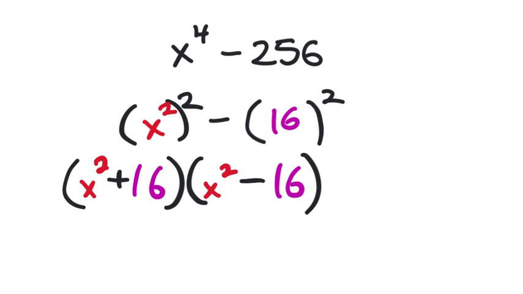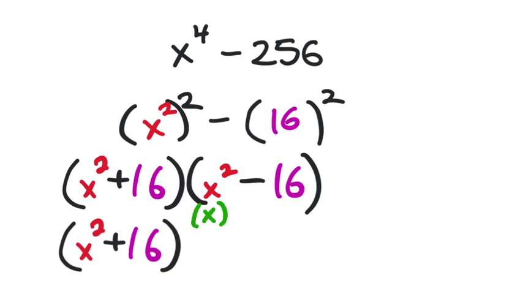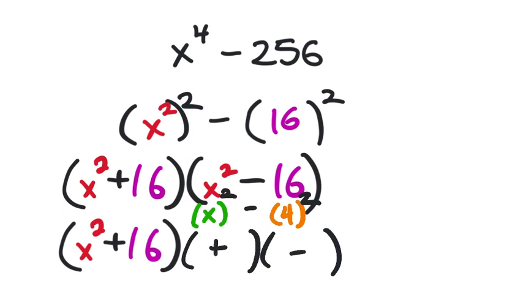But the second one, right, we could say, well, that's like x squared, and this one would be 4 squared, and it's got the subtraction between it, so I can actually split that one up a second time right here with your addition and subtraction, but now it's x's and 4's, like this one. Now this would be considered fully factored.